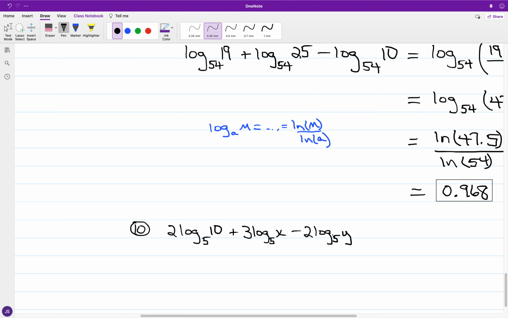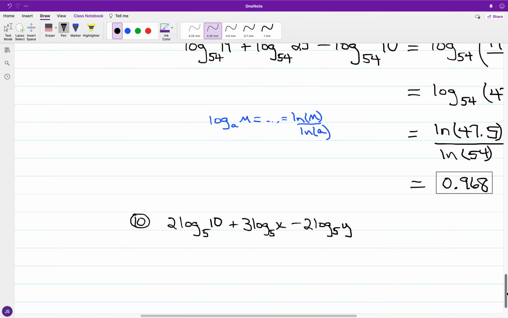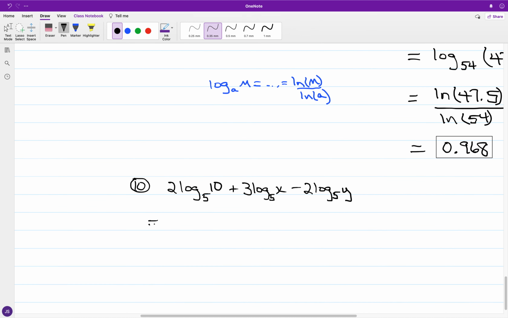And as we look at consolidating as single terms, we're looking at converting from coefficients to exponents.